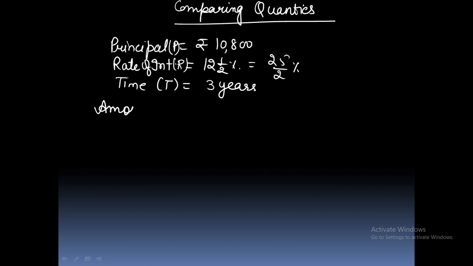For finding amount, we will use this formula. Amount is equal to principal amount multiply 1 plus rate of interest over 100 power time.